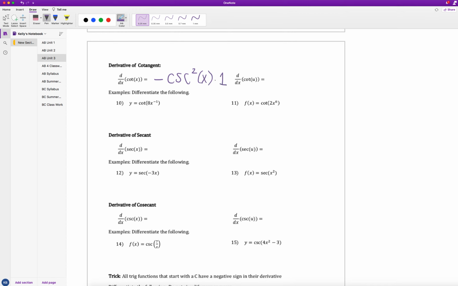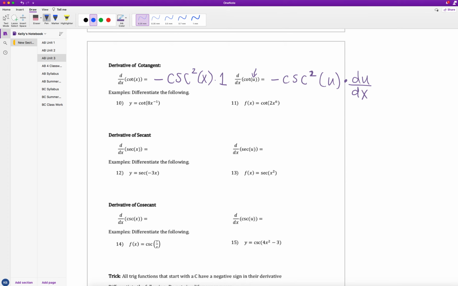So in general, the derivative of cotangent of u is equal to negative cosecant squared of u times the derivative of u with respect to x. And that derivative of u with respect to x is just representing the derivative of your innermost function there, which is u. So let's look at some examples to go with this.